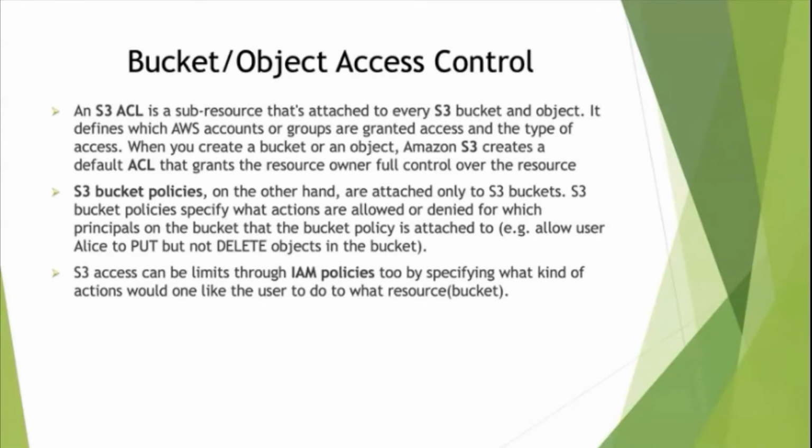Any object that I upload to an S3 bucket, I'll be able to share across multiple AWS accounts. That can be done using S3 ACL. By default, the owner of the bucket, the person who creates the bucket, and the person who uploads the object will always have full control over that particular resource. So this is called S3 ACL.